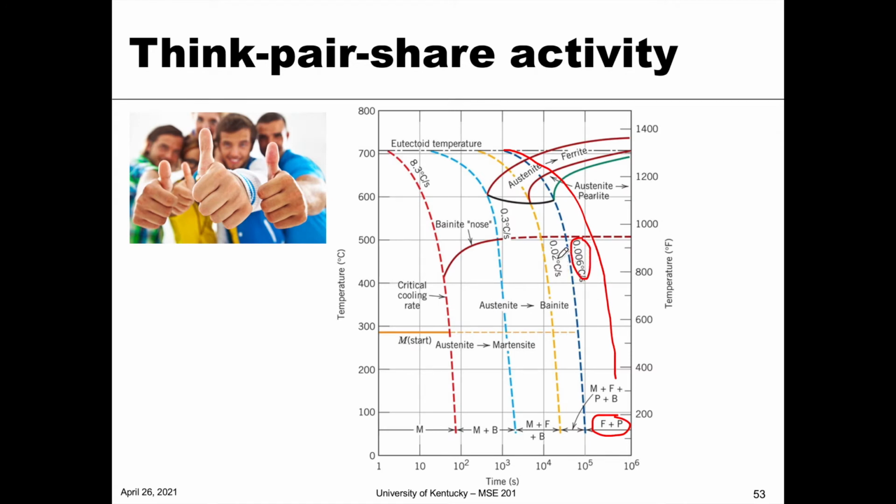All right, so the next one is between 0.006 and 0.02. So that would be in here, right? So again, we're going to have ferrite. Again, we're going to have pearlite, but we don't finish forming pearlite because we go through this black curve. And so the next thing would be bainite, right?